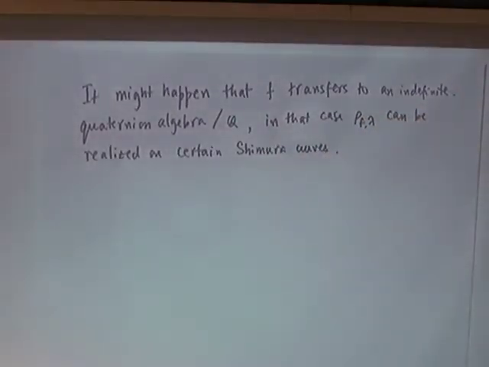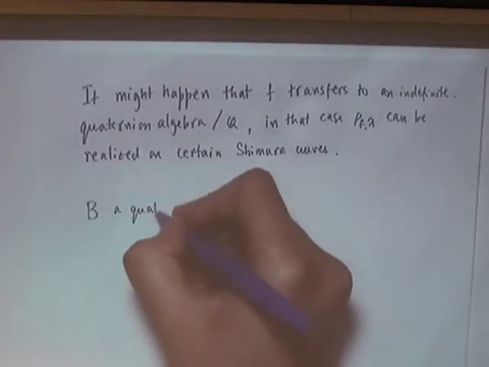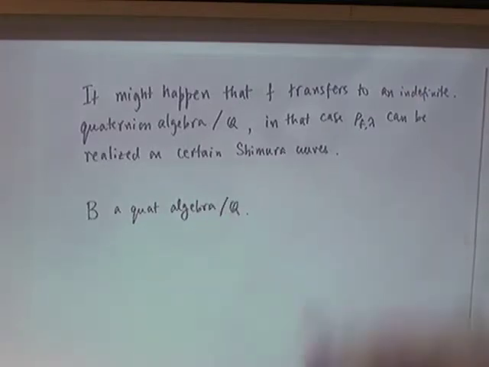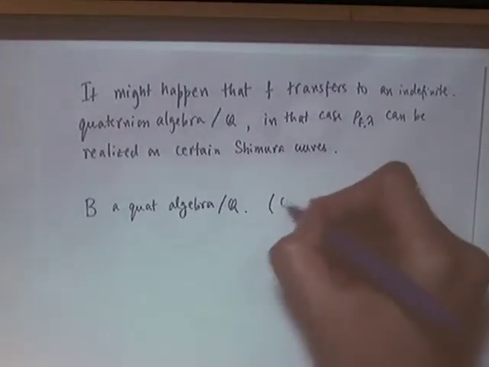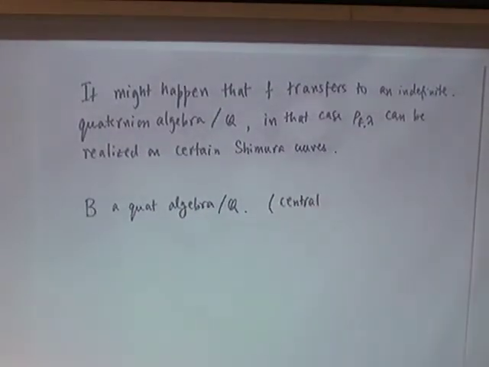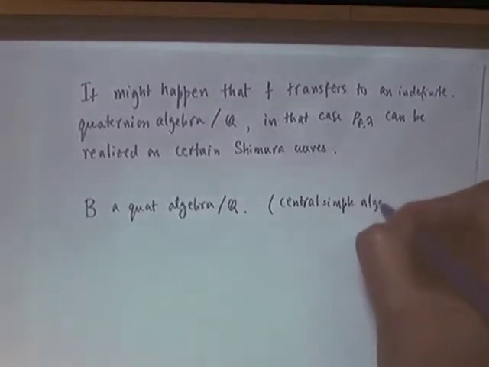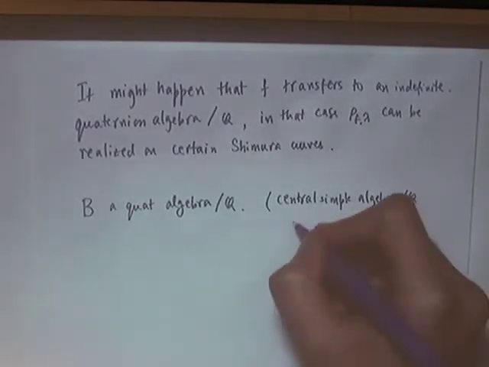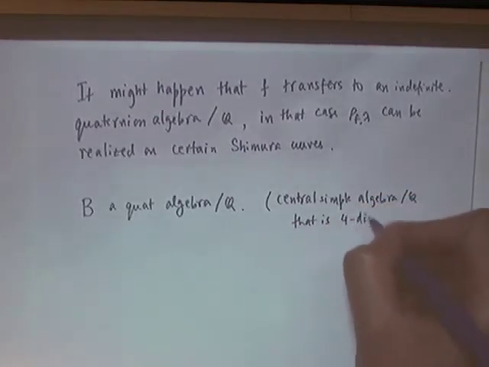So let's say that B is a quaternion algebra over Q. If you've not seen this, then this wouldn't make much sense, but it's a central simple algebra over Q with center Q that is 4-dimensional as a Q vector space.